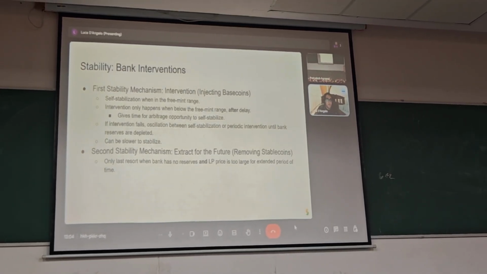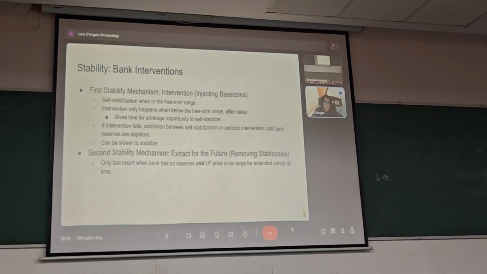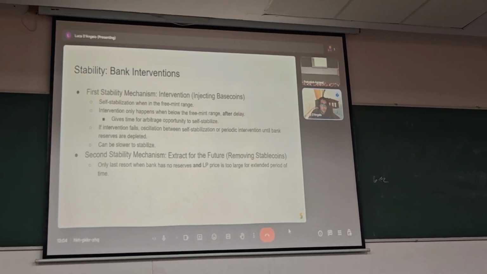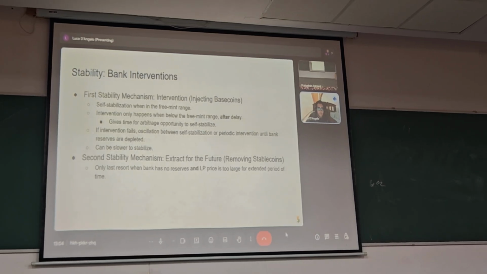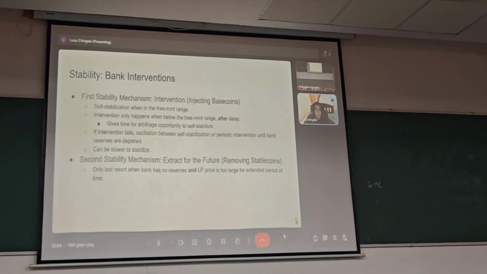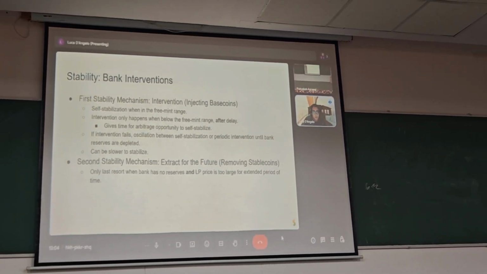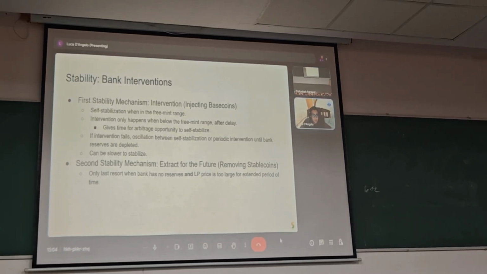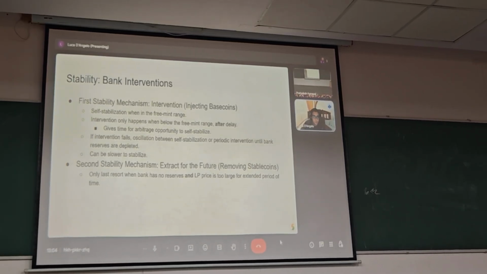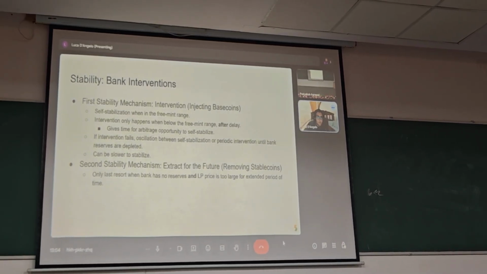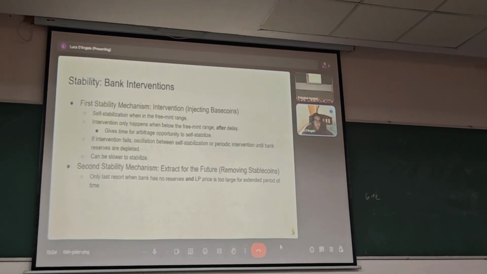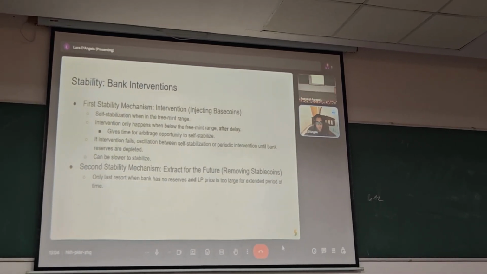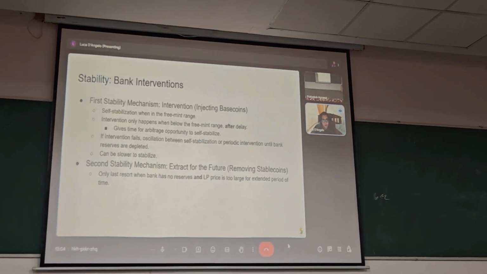And as I mentioned, if the intervention fails, then you could have this scenario where you're oscillating between self-stabilization and periodic intervention until the bank reserves are depleted. So you want to make that alpha parameter a small percentage, like 1%, for example, because if this oscillation happens in each period, it would be only 1% of the remaining amount, all the way until depletion.